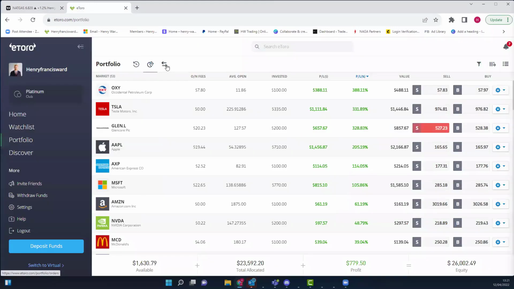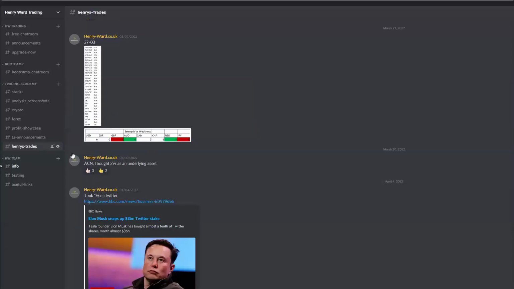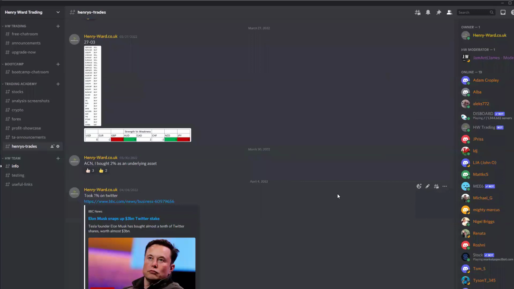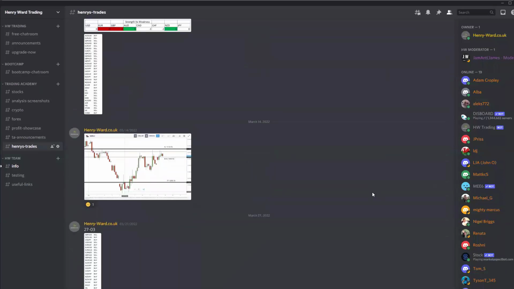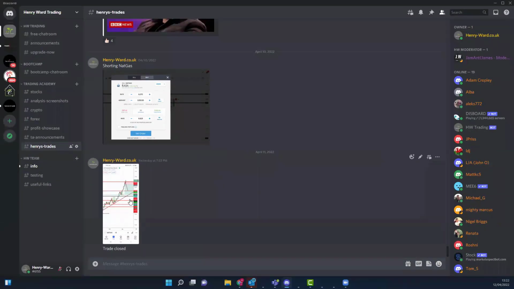Go over here to eToro. Look at the pending orders. There it is there, look. That's that order right there. Anyone who is in on the Discord channel and these trades, on Discord. There we are. Okay, so there's a trade right there. Starting natural gas.